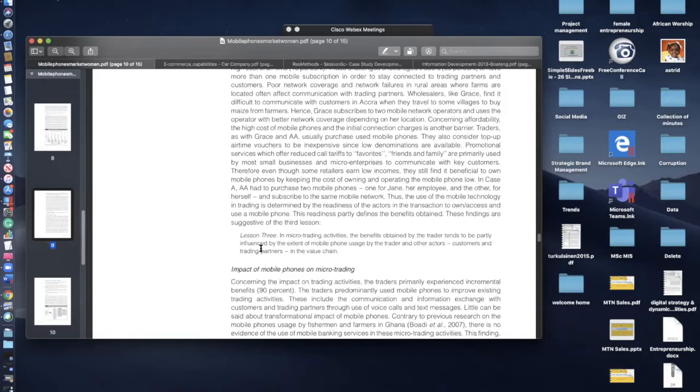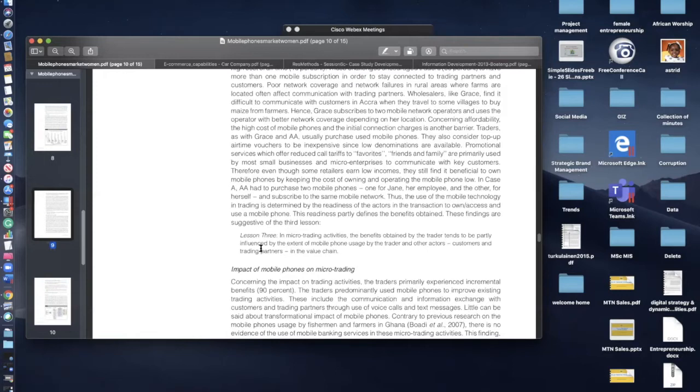I didn't say that in all developing countries, because what we looked at is just one country, that's Ghana. But our study was on micro trading activity. So we're looking at a particular phenomenon, and when we were studying the phenomenon, we identified a pattern in which a mobile phone trader is gaining benefits because her customers and her trading partners are using a mobile phone.